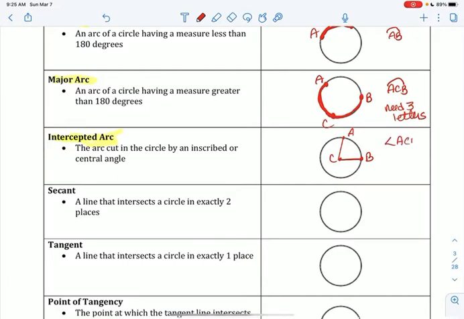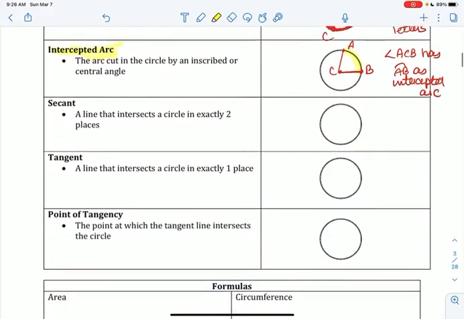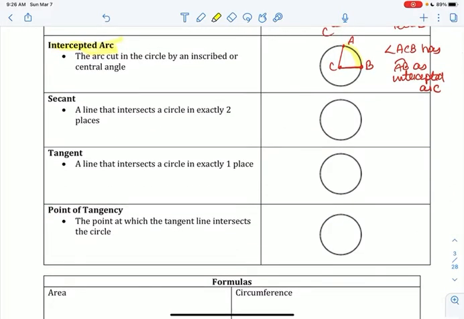Angle ACB has arc AB as its intercepted arc. I'll just highlight that instead of using the red. So arc AB is the intercepted arc. The beginning and the end of the arc are where the sides of the angle are. Okay, so that's the intercepted arc. It's an arc cut in a circle by an inscribed or central angle.